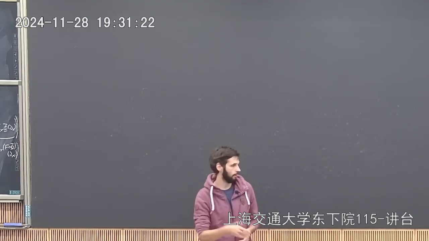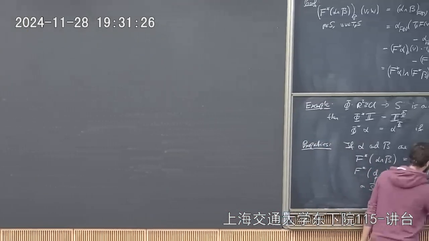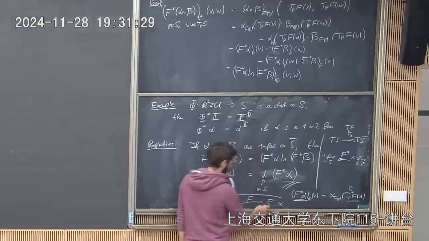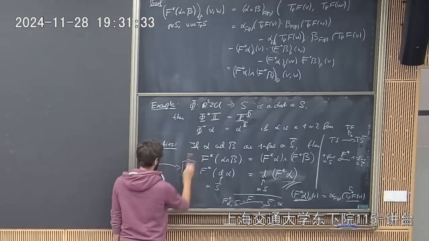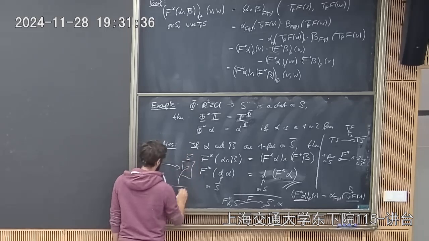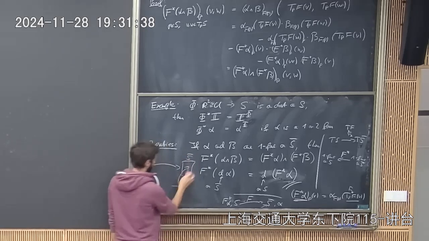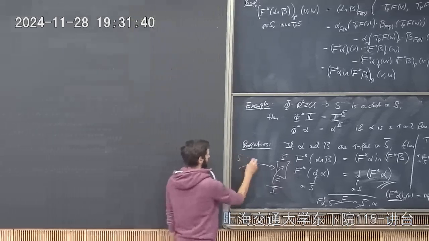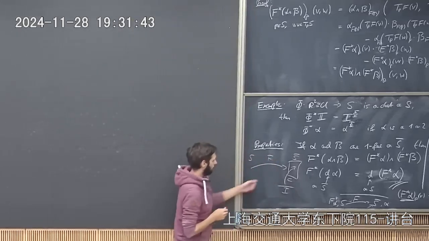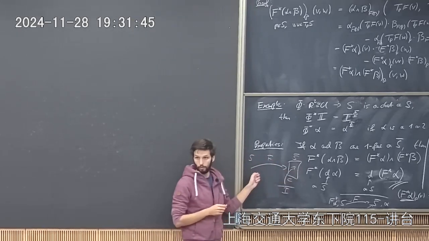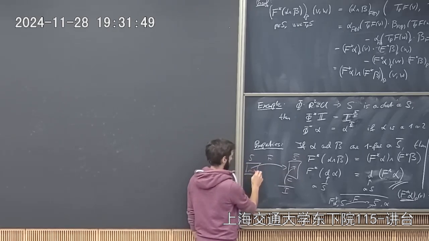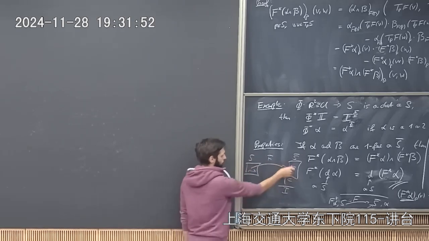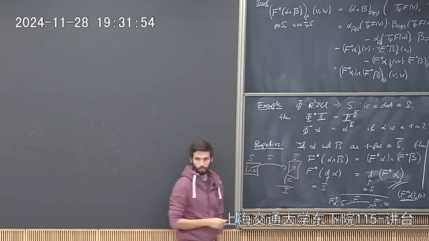If you have a curve in S bar, and you have some map, then that curve might not be induced by a curve that comes from S. So it's usually not possible to find a curve such that you can push it forward to get the curve that you started with.